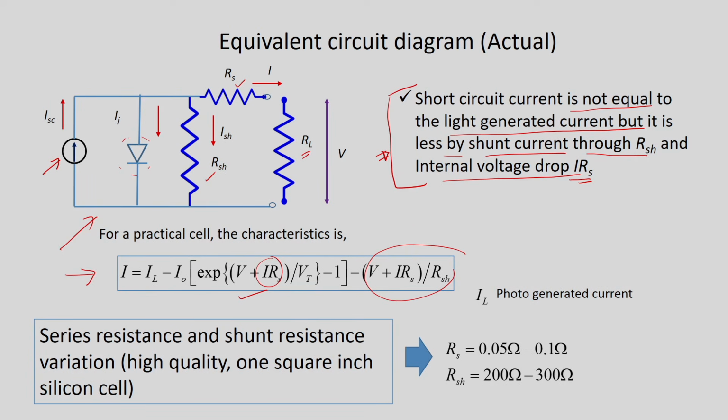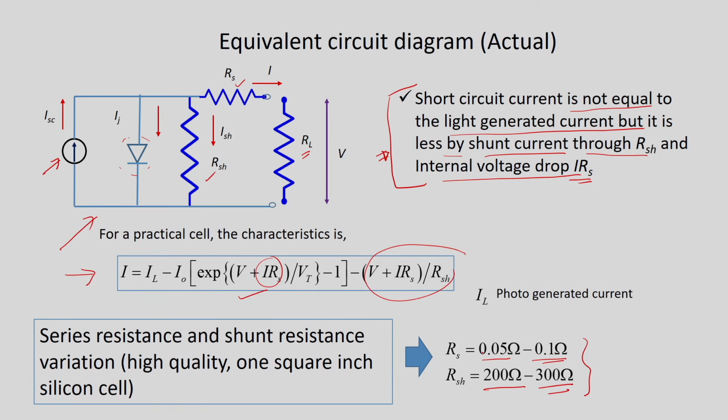The values of this RSH for a high quality 1 square inch silicon solar cell is about 200 ohm to 300 ohm, and RS is about 0.05 ohm to 0.1 ohm. From here you can see how this resistance varies in the case of shunt resistance and series resistance.